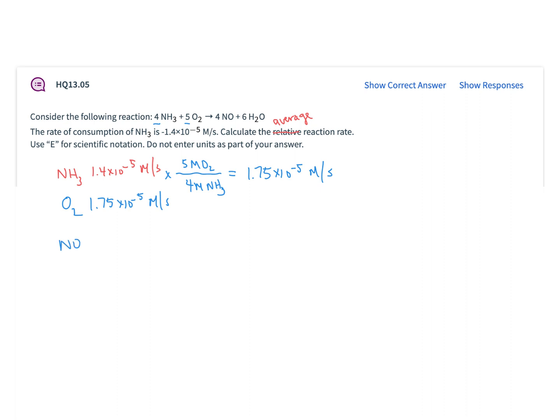NO, nitrogen monoxide, would be the same as ammonia, so that would be 1.4 times 10 to the minus 5, being produced.